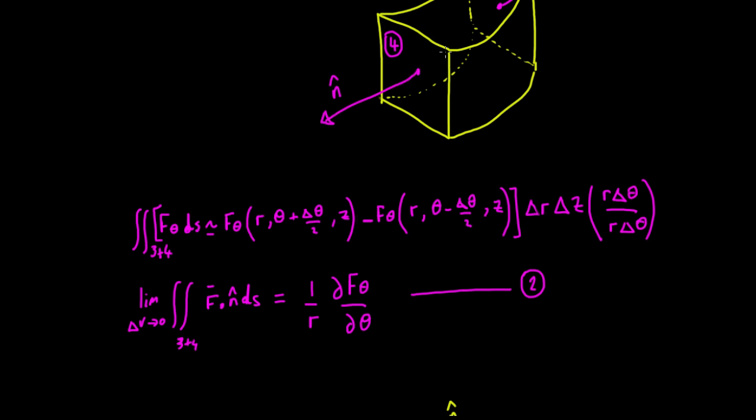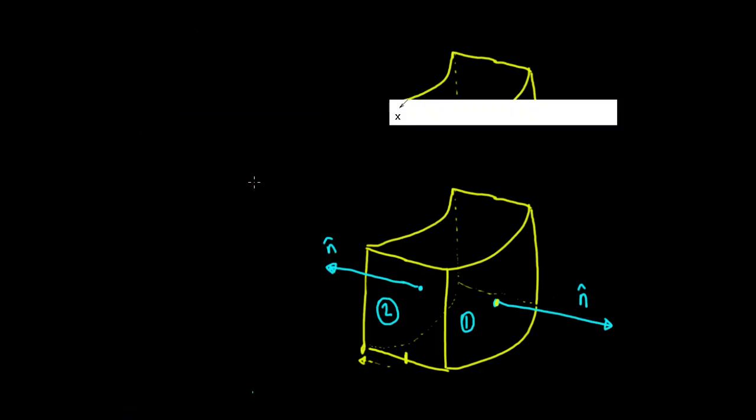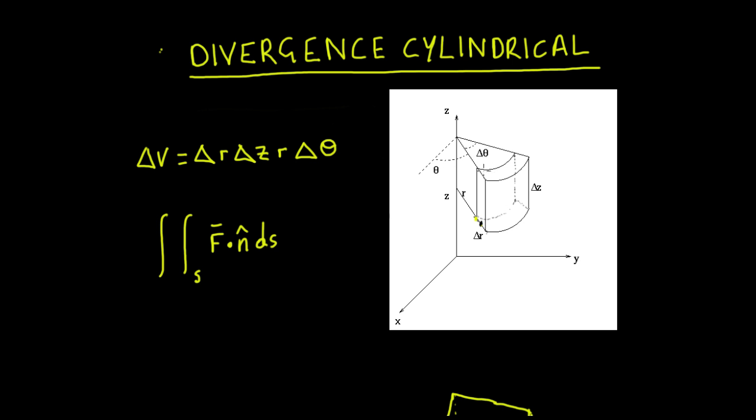So it's the value of the function at the centre of this face in that direction theta times the area of the face. Now the position is going to be r, but the new position is going to be theta plus delta theta upon 2. Okay, so that's the angle theta plus delta theta upon 2, which will take us to this point over here. So it's the far end of this face.